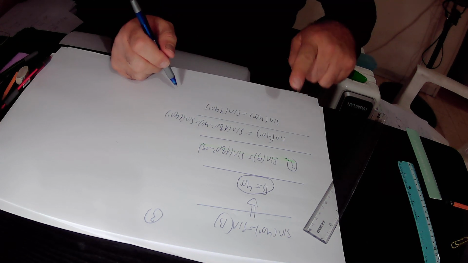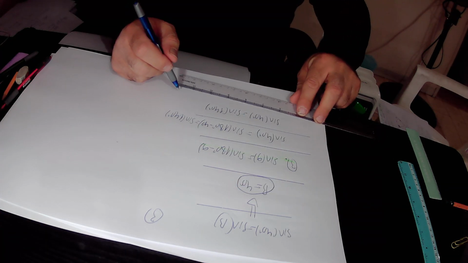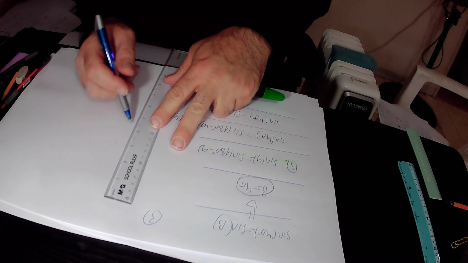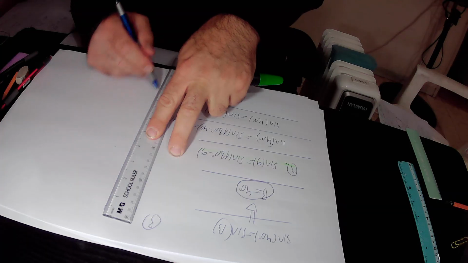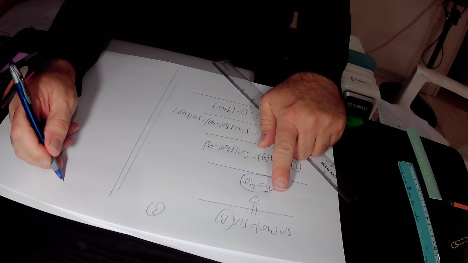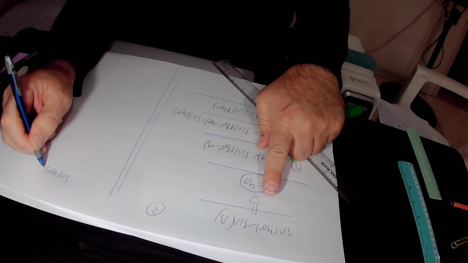And we already found out that sine 40 degrees equals sine beta. Write it down here: sine 40 degrees equals sine beta.